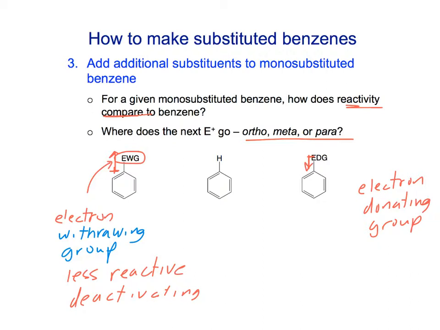More reactive, right? Because we're loading up electron density. We're going to make it easier for that benzene ring to donate electrons, right? So this is going to be more reactive. And so we call it an activating group.